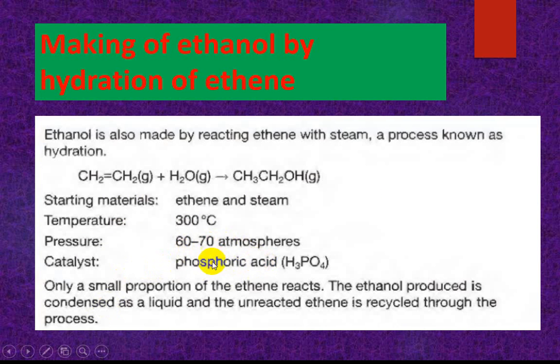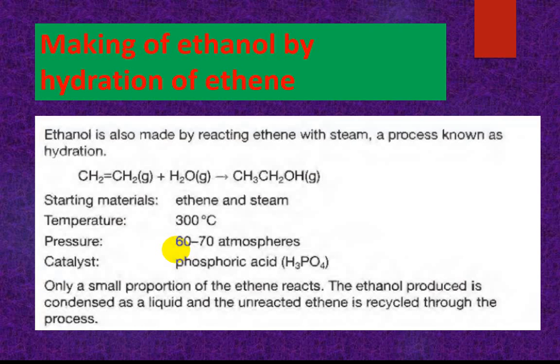Okay, I am now asking questions. Which catalyst is needed for the hydration of ethene to form ethanol? Phosphoric acid.